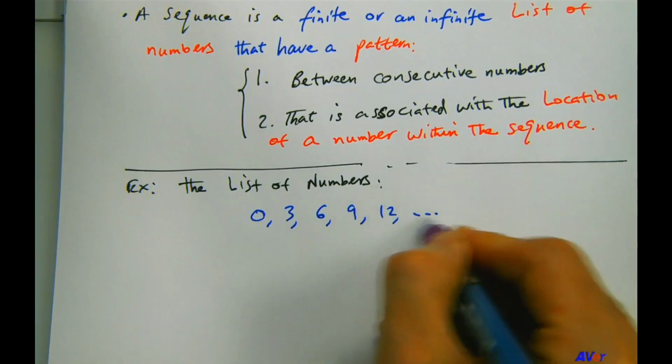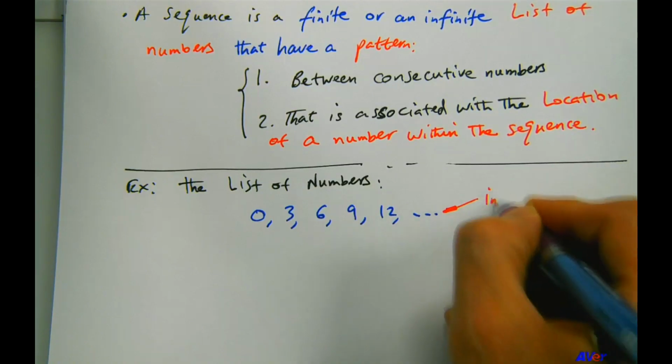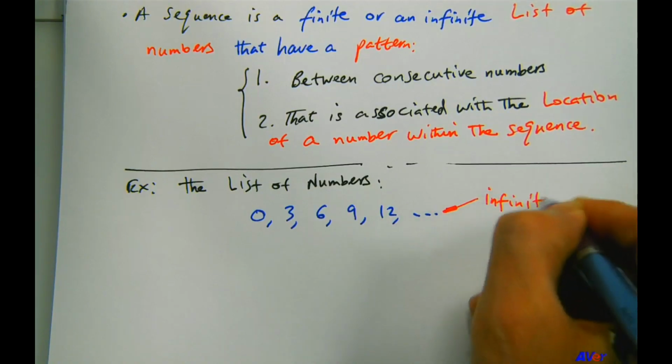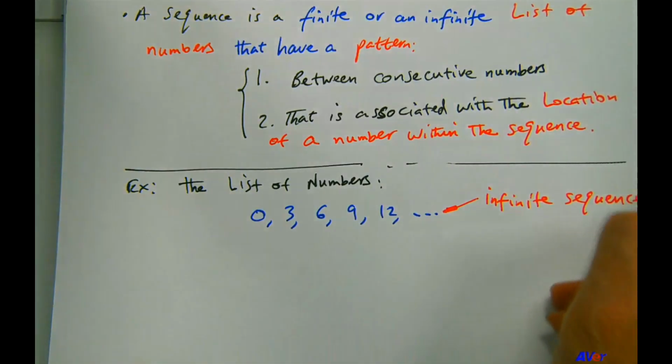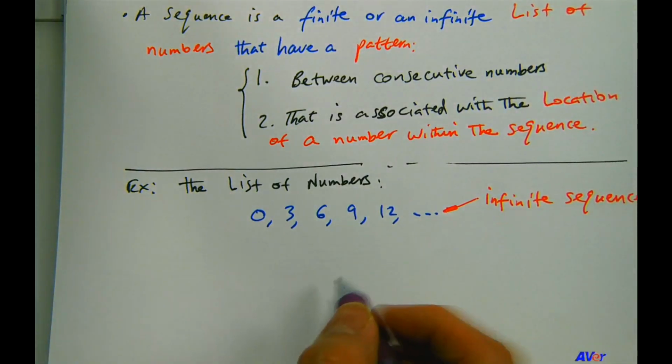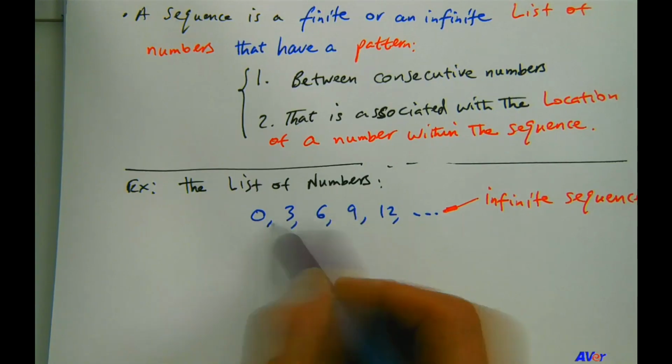First of all, these 3 dots mean that this is an infinite sequence. And how do we know this is a sequence? We can detect a pattern between these consecutive numbers.